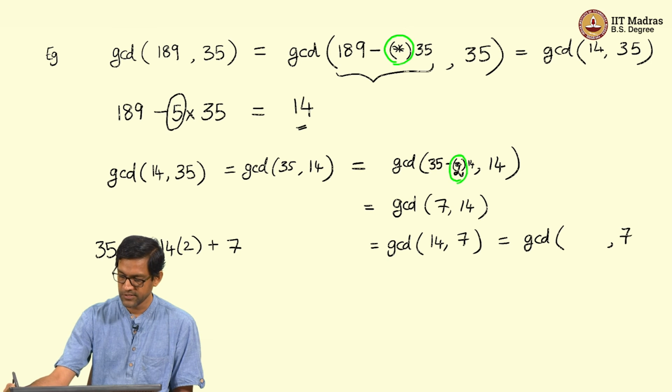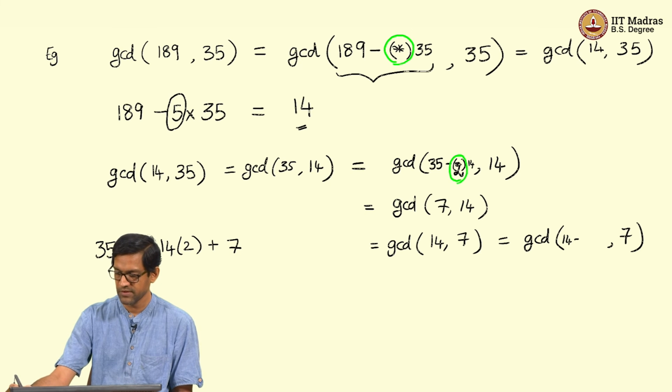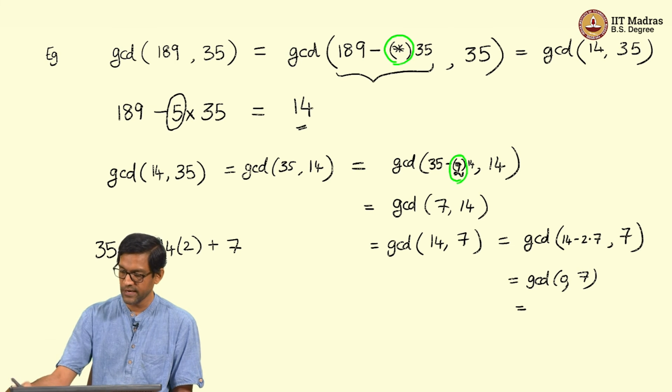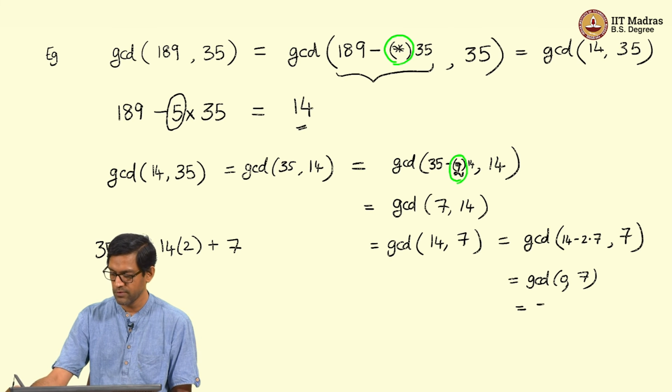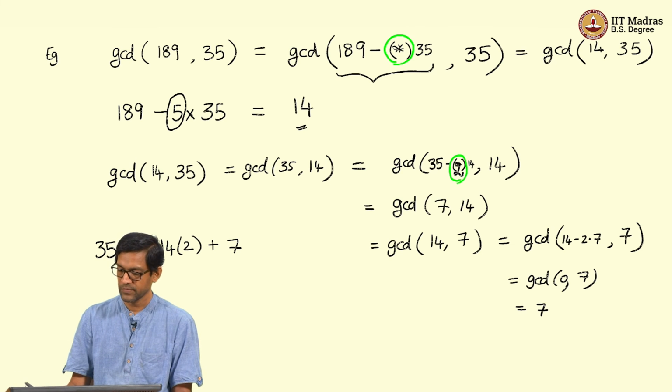I keep 7 as it is, replace 14 by 14 minus some multiple of 7, which will make this number as small as possible, and that multiple is of course just 2 times 7, so that this is the GCD of 0 and 7. And remember the GCD of 0 with anything, well, let us just see what that is. By definition, that is just the number 7 itself.